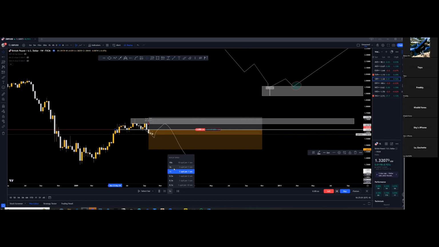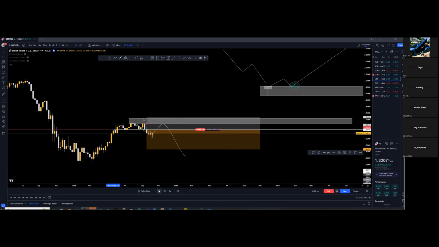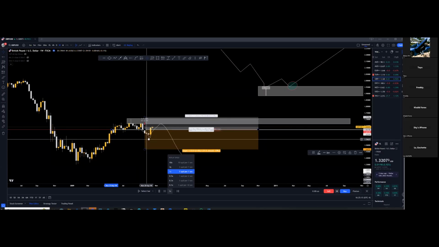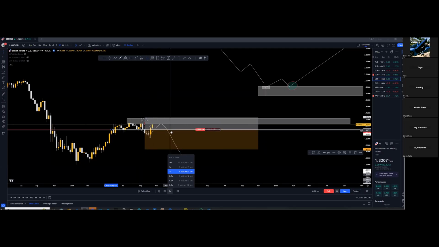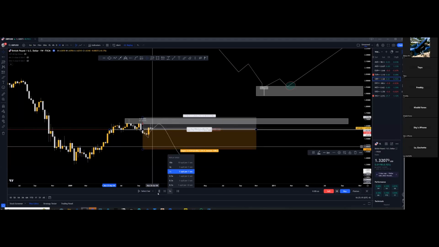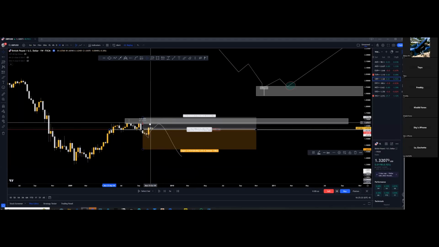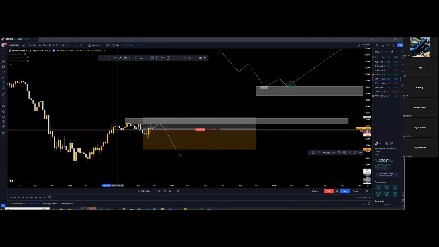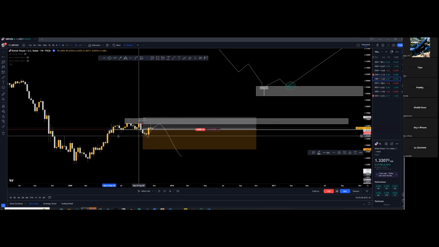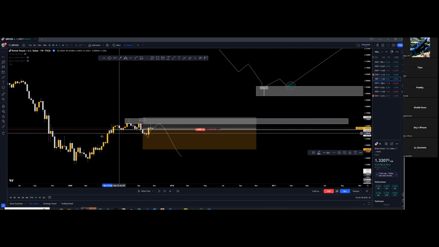Price goes ahead and is going back into that zone. And what happens to that zone? It has another rejection into that zone. Price was able to push past and break that supply zone right there. I mean that demand zone right there, my bad.